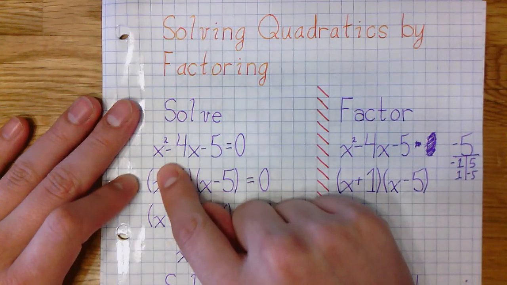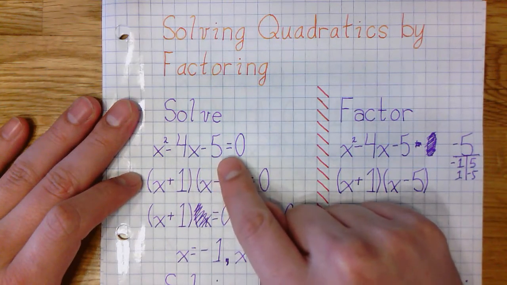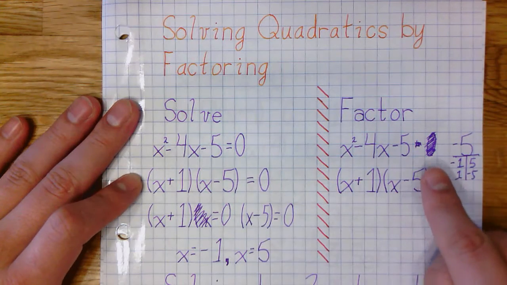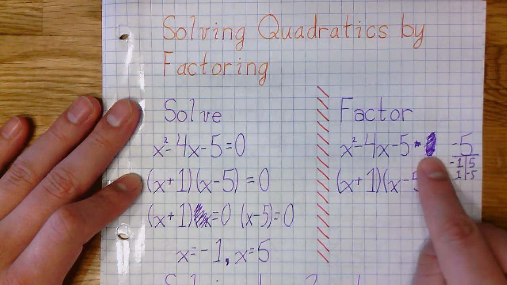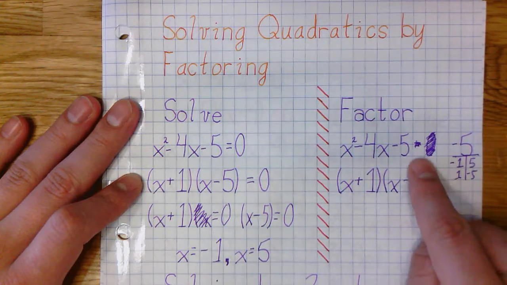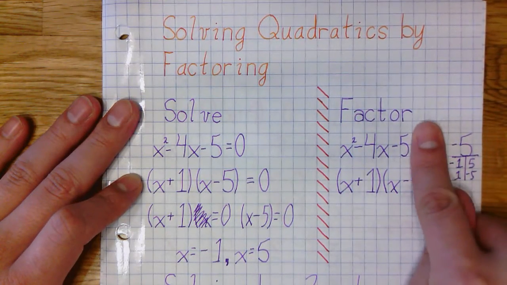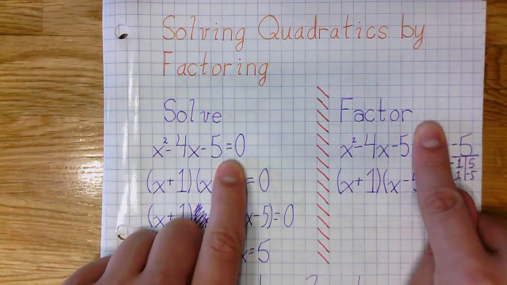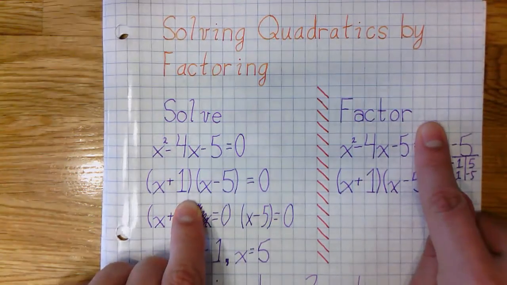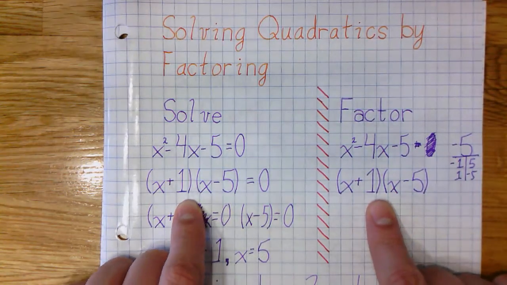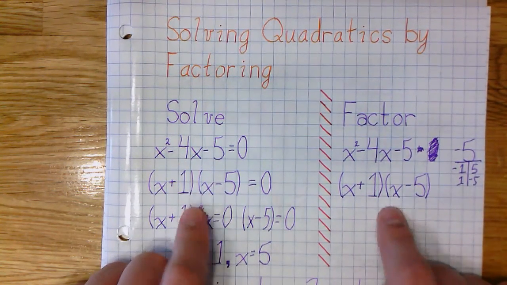Here's the same problem. You see how there's an equals 0 here that wasn't supposed to be here? It's so similar, I accidentally put it on the other one and had to cross it out. The only difference is it has an equals 0 at the end. Oh, look, they factored just like they factored here. So it looks like the first step is factor.